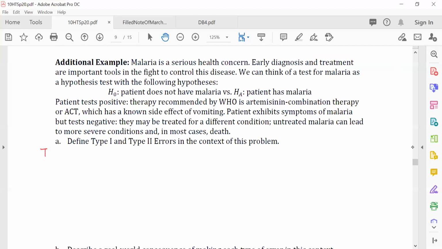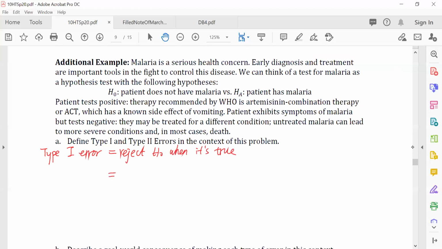So type 1 error is we reject H null when it's true, right?